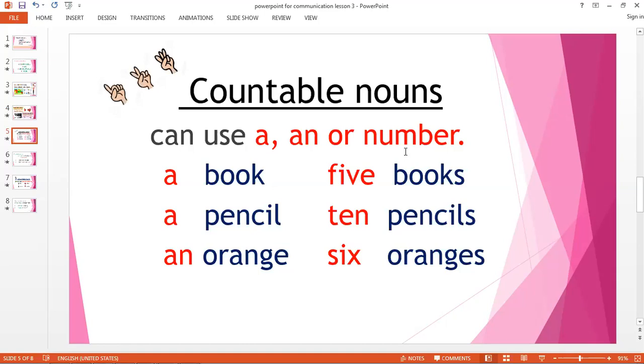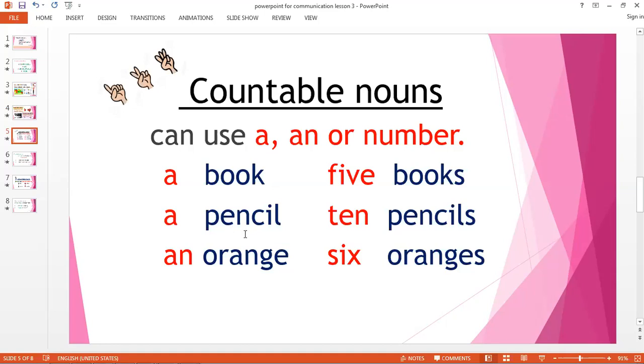These are adjectives, because an adjective is a word that modifies or describes a noun. A book, because it's only one book, compared to five books. We use the number and the noun in a plural form because it's more than one.